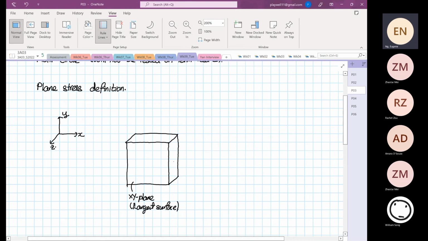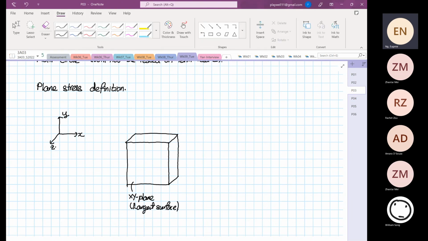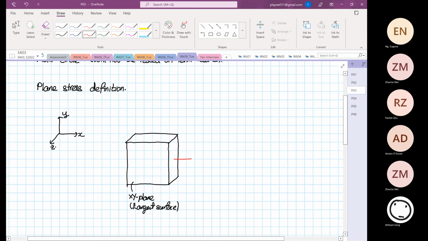So over here, we have our stresses. We define that this is stress in the X direction, stress in the Y direction, and coming up this way is stress in the Z direction.